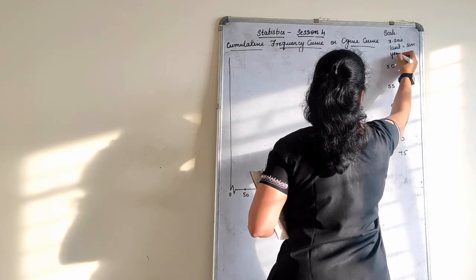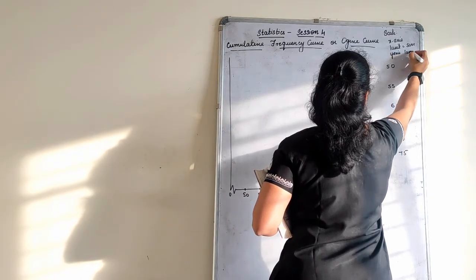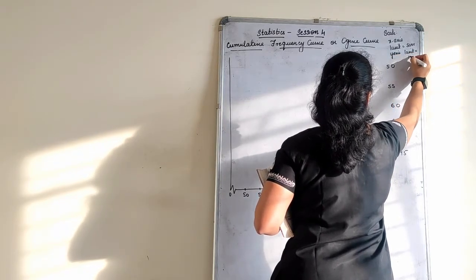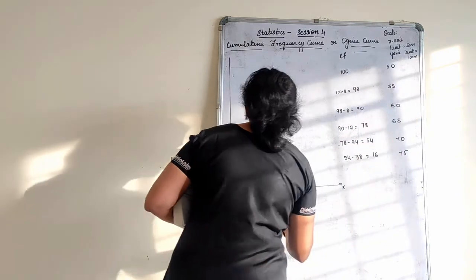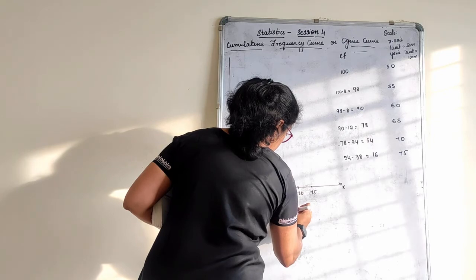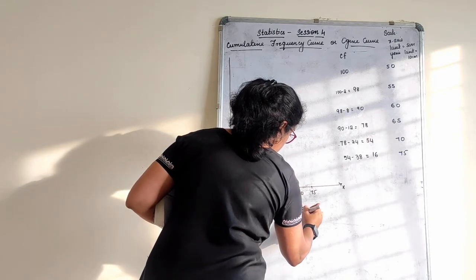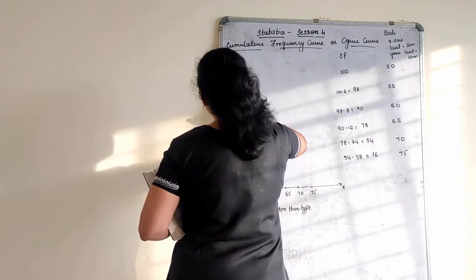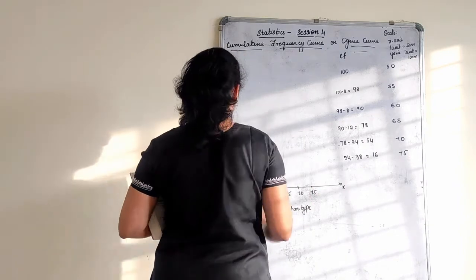Y-axis, 1 unit is equal to 10 centimeter. So this is more than type. And this is for cumulative frequency.